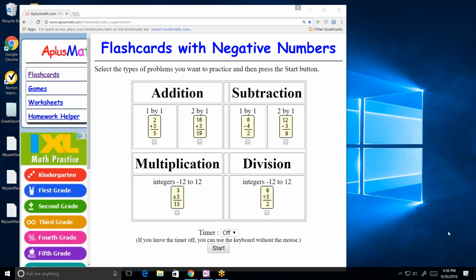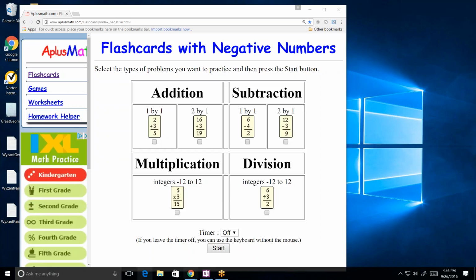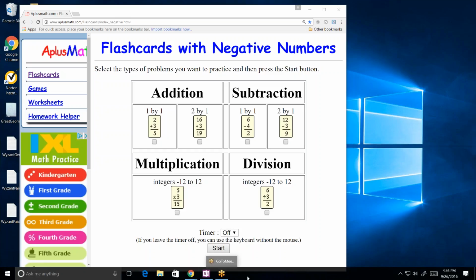Click on it. It should bring up a window very similar to the one you see on my screen. Save it as a favorite on your computer. Now let's talk about it.